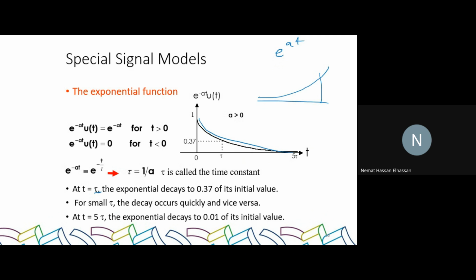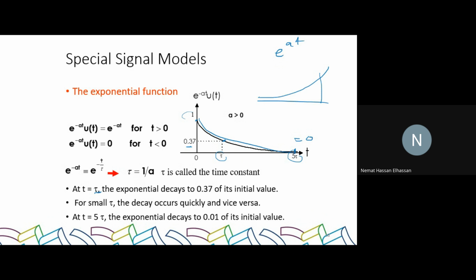How do we decide what exactly tau is? Tau is when the signal reaches 0.37 of its actual maximum value. So if it starts from a maximum of 1, once it reaches 0.37, we call this tau. At 5 tau, we will say that it's effectively equal to 0. Realistically, it takes infinity to reach 0, but for mathematical purposes, for simplification, we assume it's 0 at 5 tau.